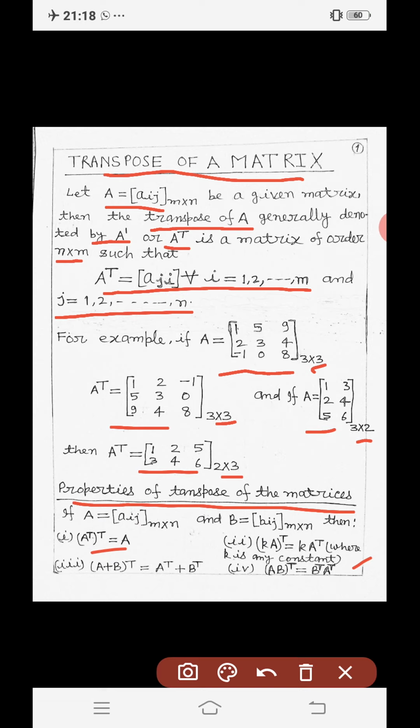Third, (A+B) whole transpose is equal to A transpose plus B transpose, and fourth, (AB) whole transpose is equal to B transpose A transpose.